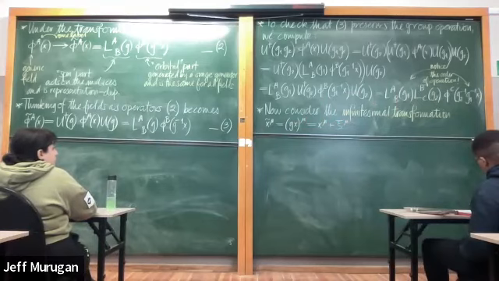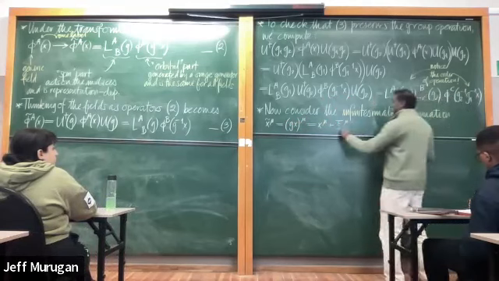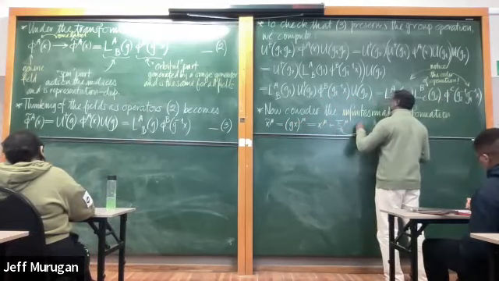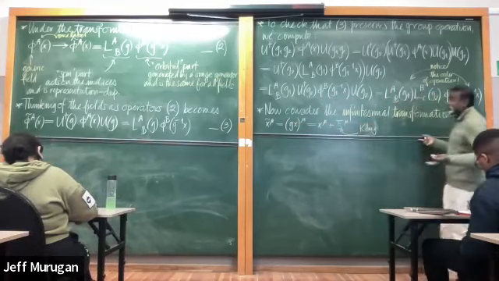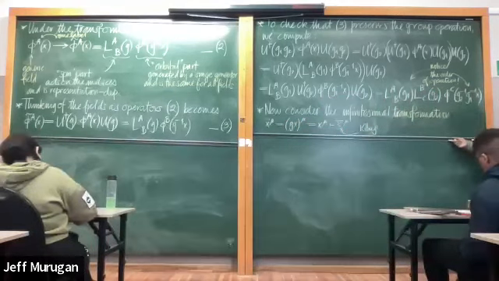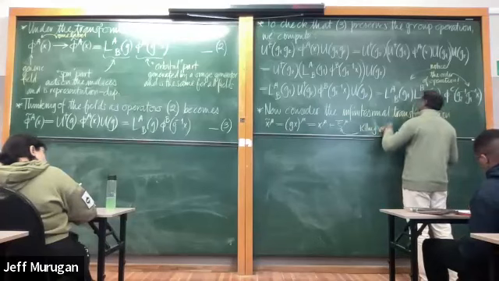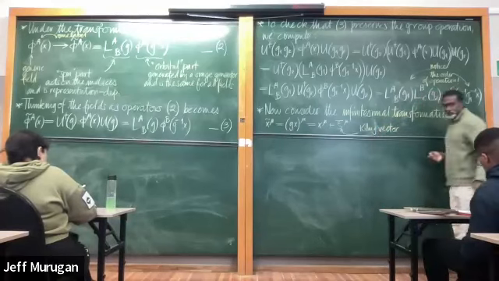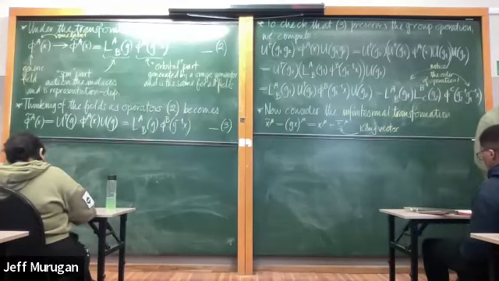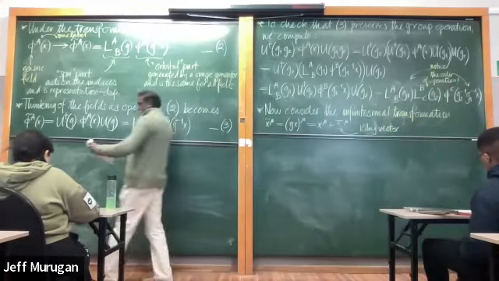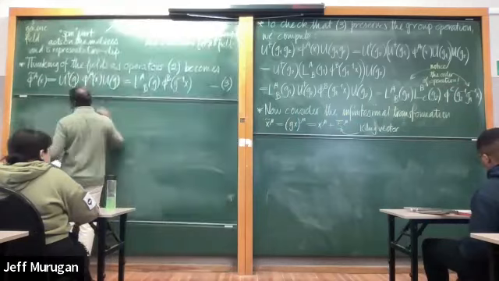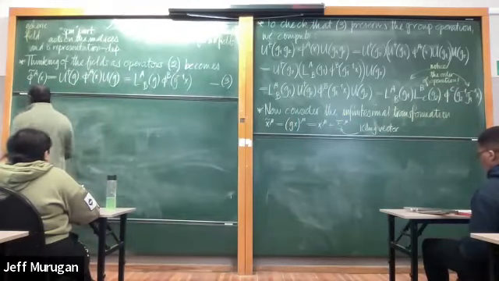The point is that this guy here will be a Killing vector, or in the case of conformal transformation, a conformal Killing vector. Then the spin part of the transformation can be put into the following form.